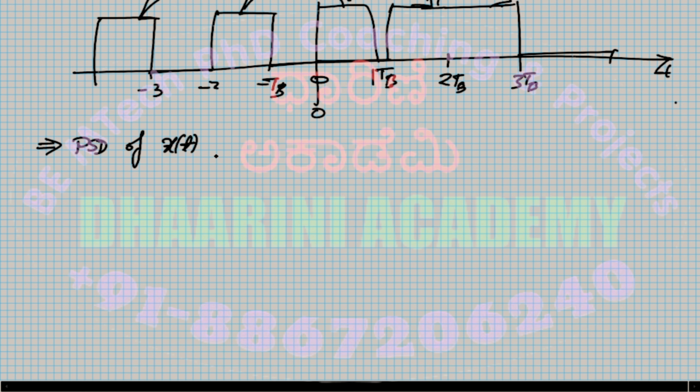In general, this is the notation I'm going to give: Sx of f, S indicating the power. Sx denotes the power of that signal x in the frequency domain.